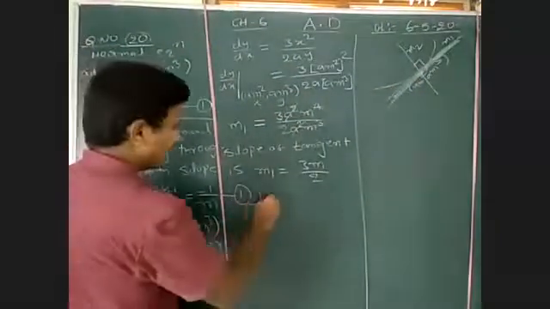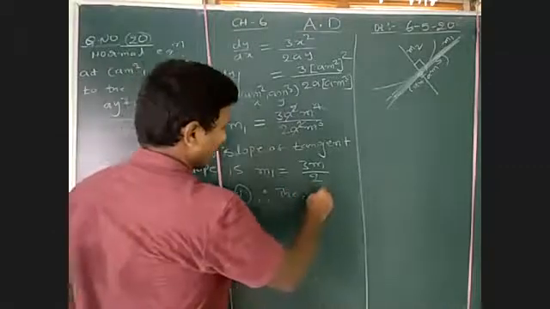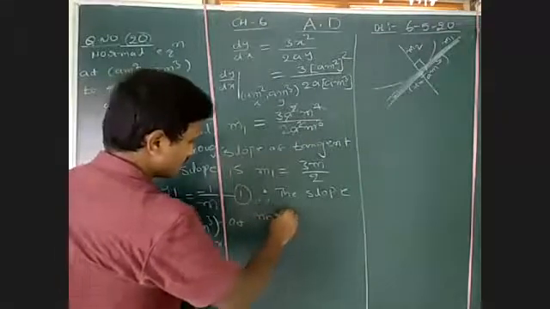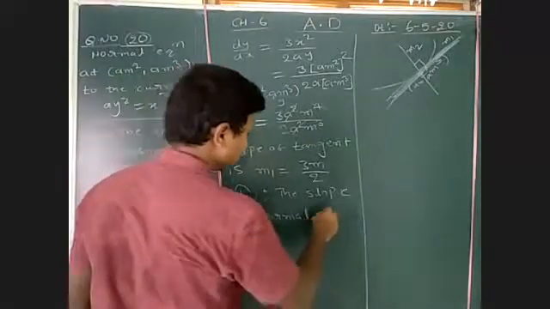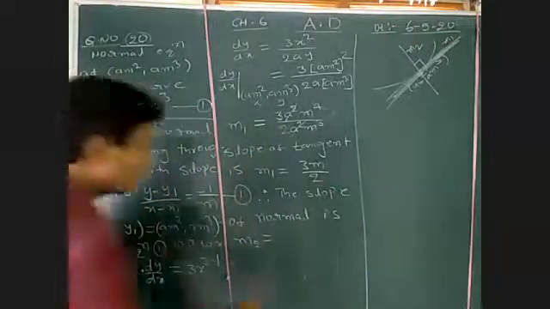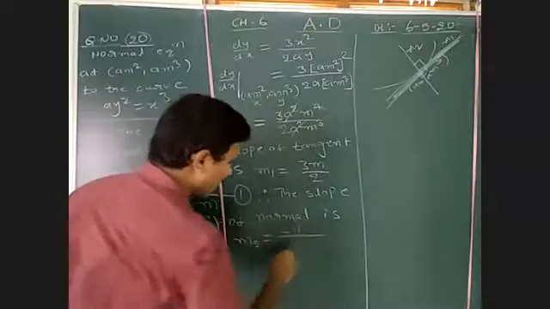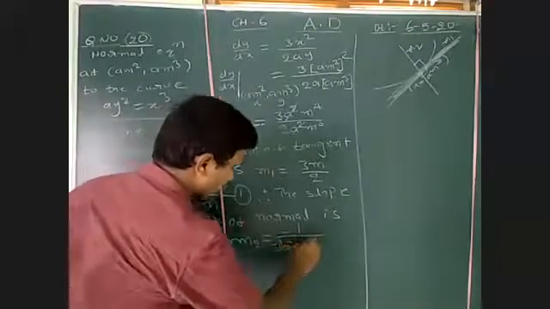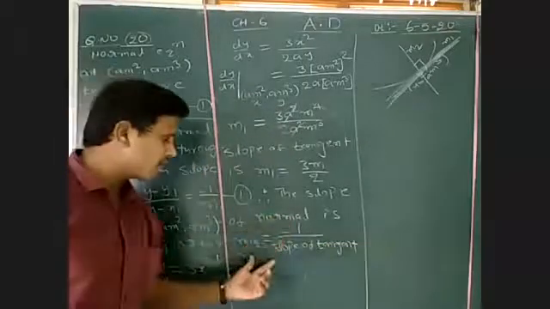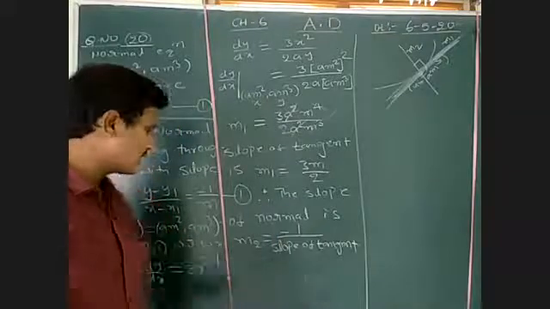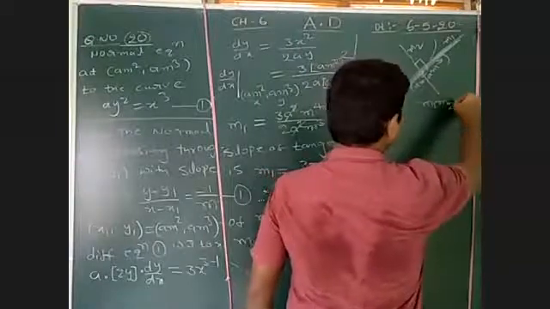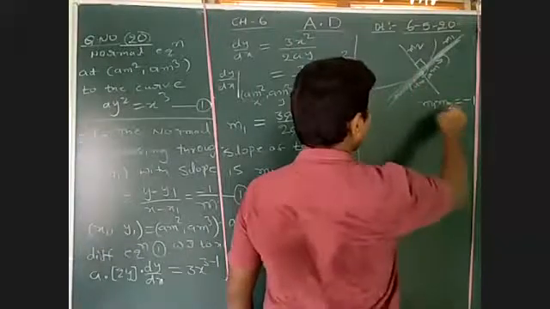So therefore the slope of normal is m2. I am taking the slope of normal as m2. We already know that it is minus 1 by the slope of tangent. The slope of normal is always minus 1 by m1, because the product of the slopes of normal and tangent is equal to minus 1.